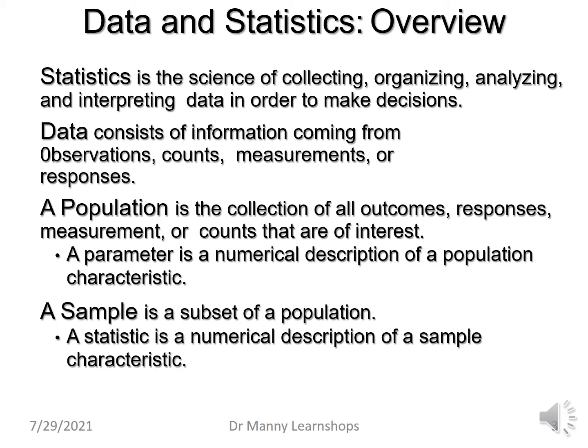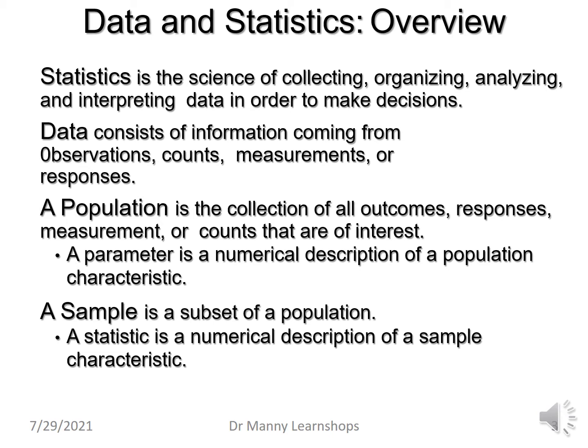So data and statistics, this is just an overview. Statistics, we already said, is the science of collecting, organising, analysing and interpreting data in order to make decisions. Data consists of information coming from observations, number counts, measurements or responses, as in possibly a survey.